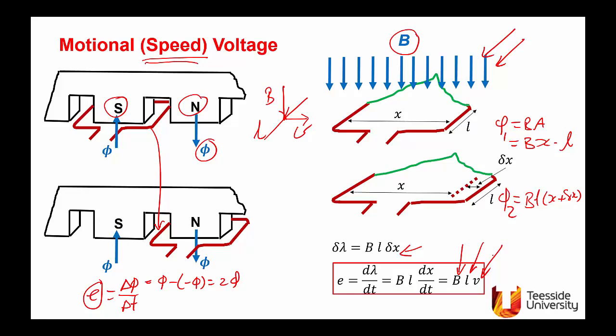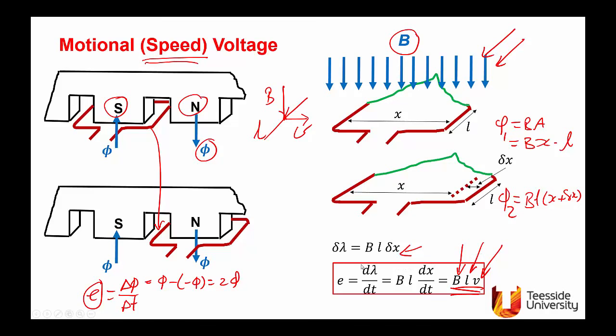It is very important that you understand that we arrived at this expression BLV, which you would know from physics, by application of Faraday's law. It's not a new relationship or a new law. All we did here is express the flux linkage in terms of the flux density B and the velocity at which the coil is moving.